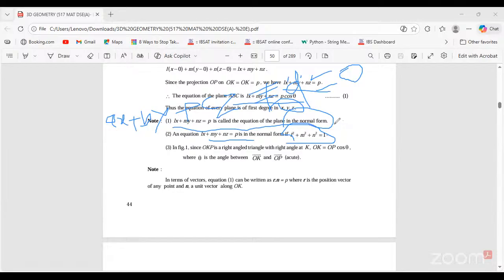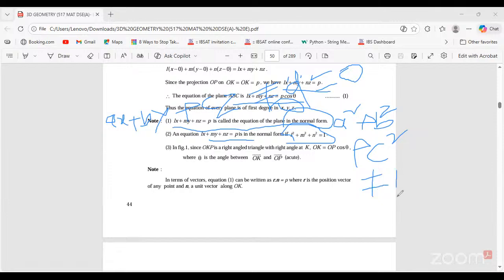But a square plus b square plus c square is not equal to 1.